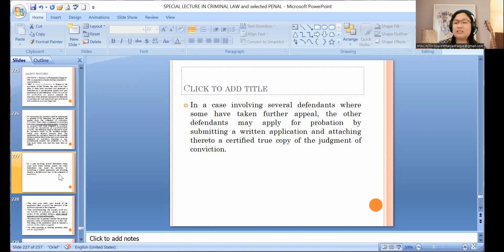So, they just have to manifest to the court that they want to invoke that favorable decision obtained by one of their co-accused, so that they can enjoy the shorter term as obtained in the modified decision of their co-accused. So that's the least that they can avail.